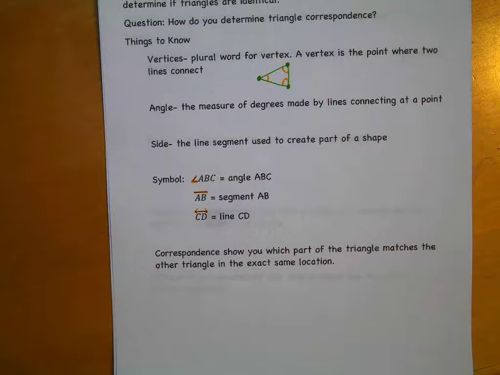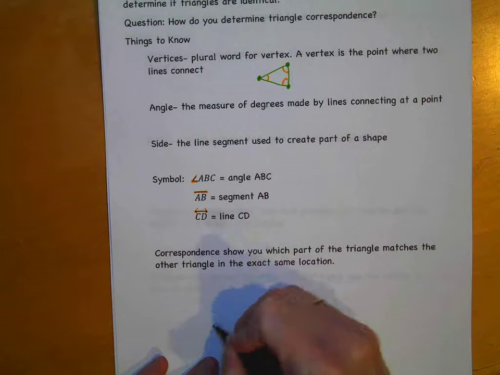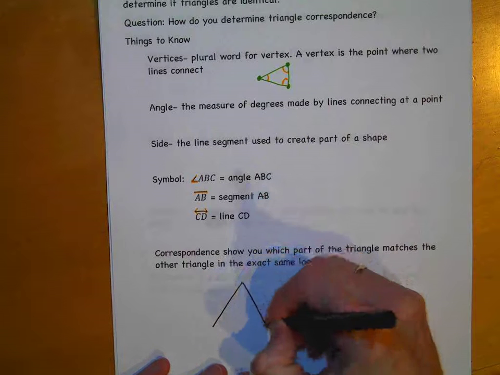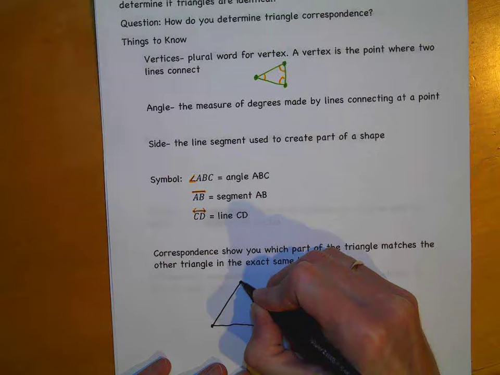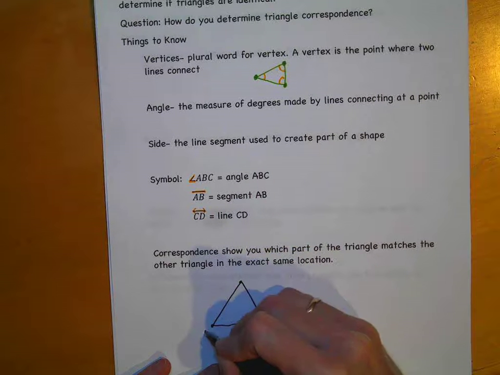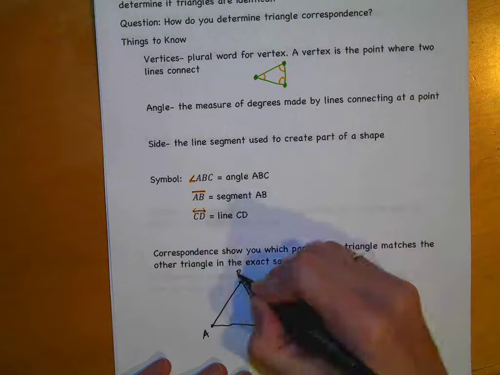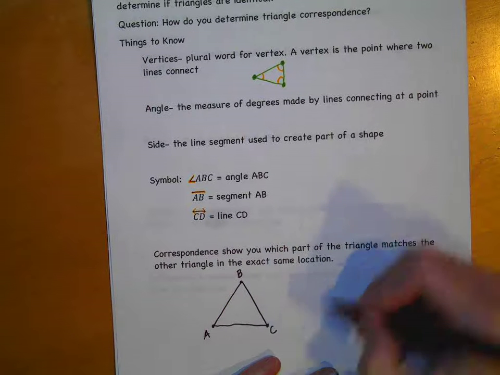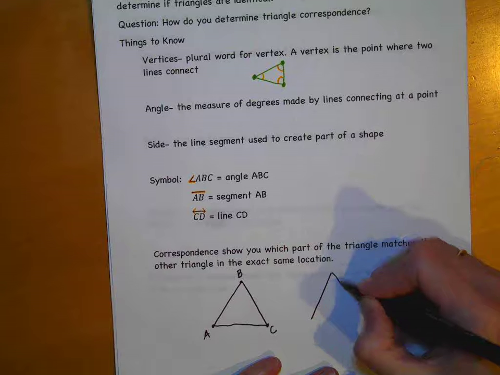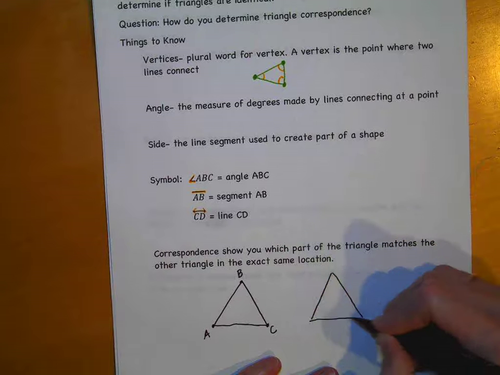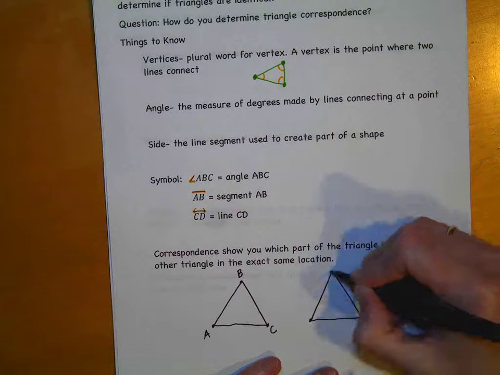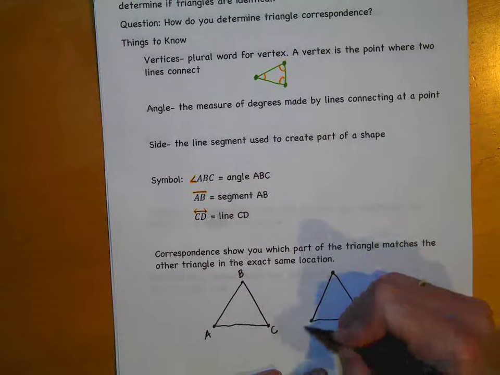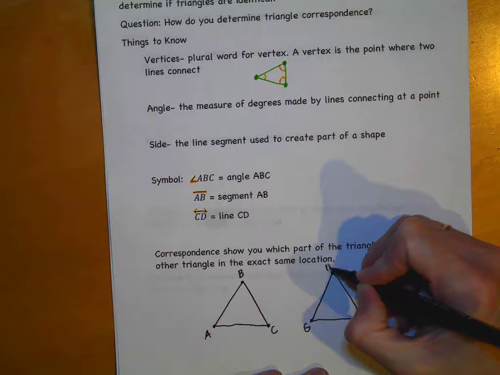So, for example, if I was to draw this triangle right here, and here's the vertex for each one, we're going to say this is triangle ABC. And then I draw another triangle over here, like this, and here's the vertex, here's the vertex, here's the vertex, and this one is called GHI.